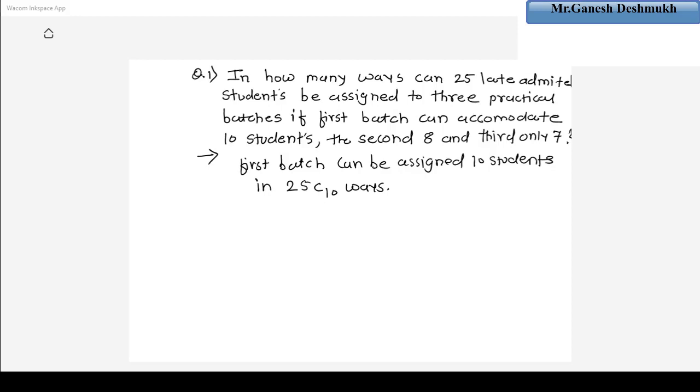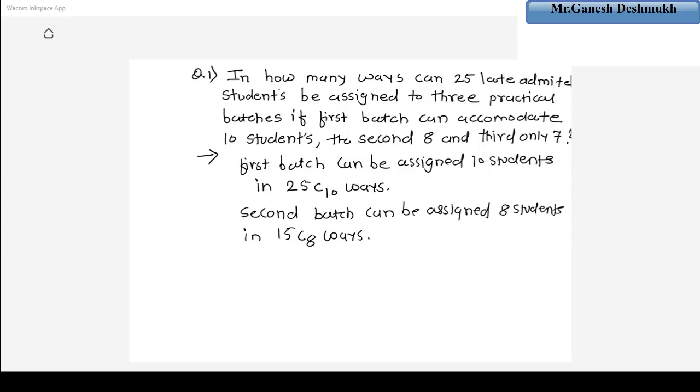Because for the first batch we have assigned 10 students, we are left with 15 students, and for the second batch we need to assign 8 students. So the second batch can be assigned 8 students in 15C8 ways. Now how many students are left? Out of 15, 8 have been assigned to the second batch.